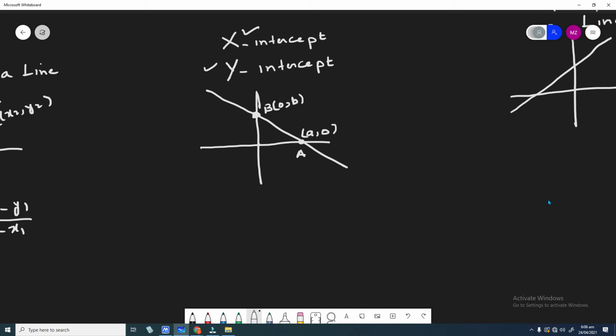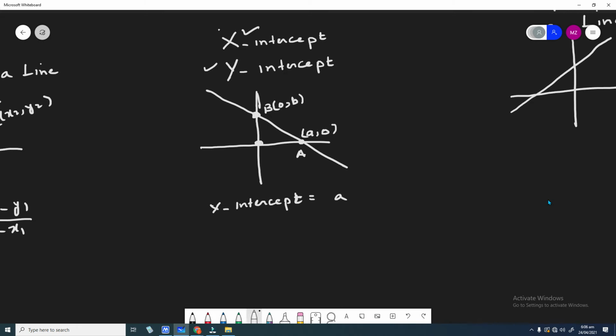So what is the x-intercept? The x-intercept is the distance from the origin to the point on the x-axis where the line is cutting. So 0 to A is the x-intercept, and it is denoted here by this small a.